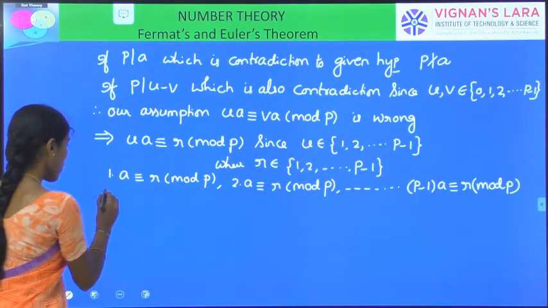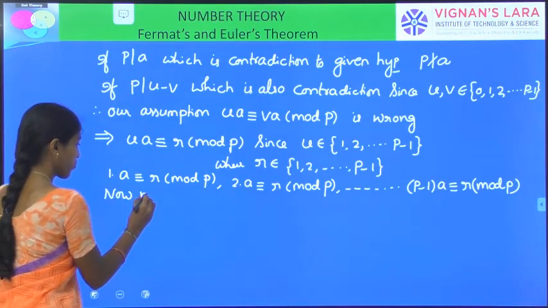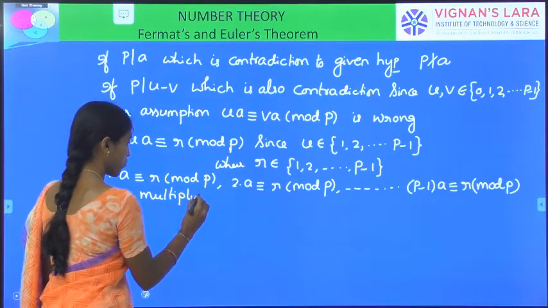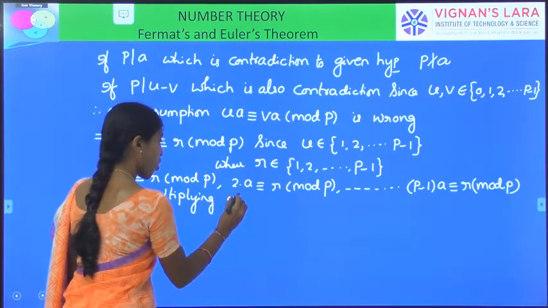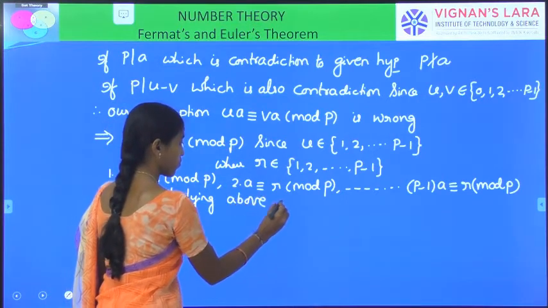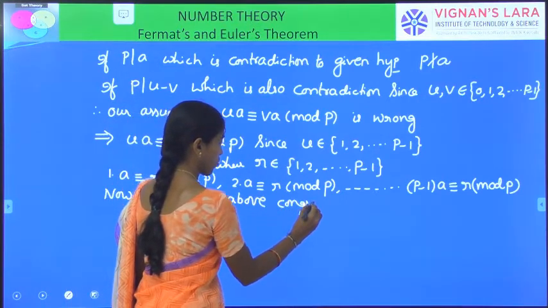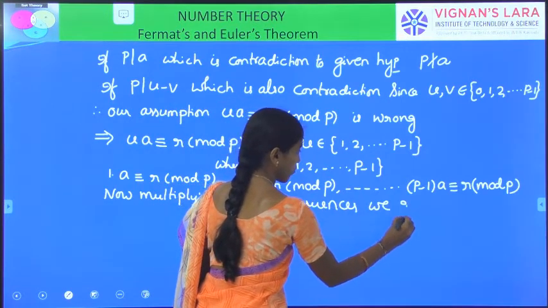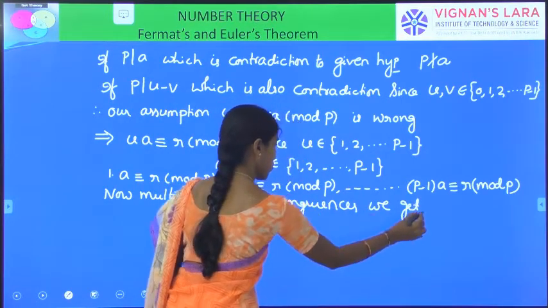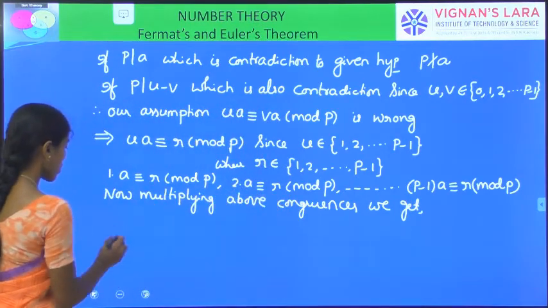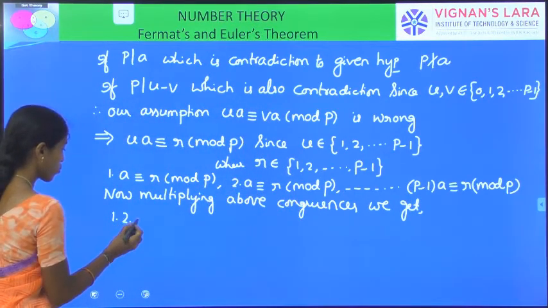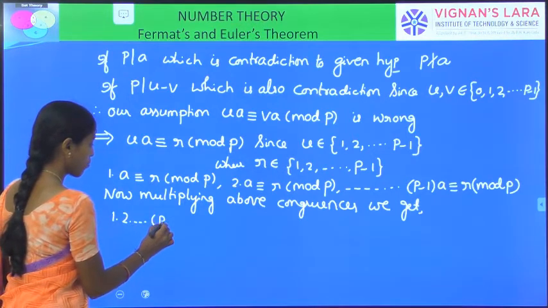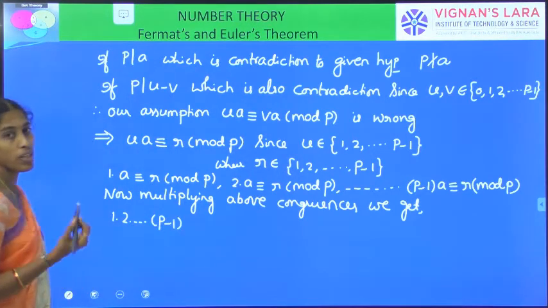Now, multiplying the above congruences, what do we get here? What about the left side? 1, 2 and so on up to P minus 1. How many times are we multiplying A?